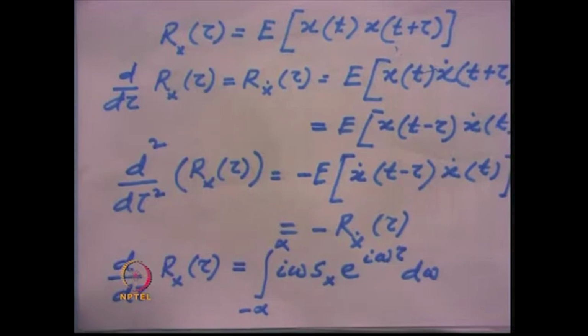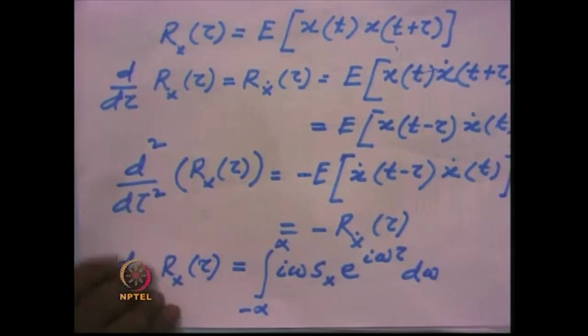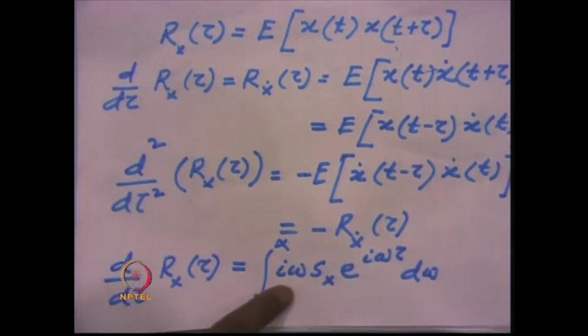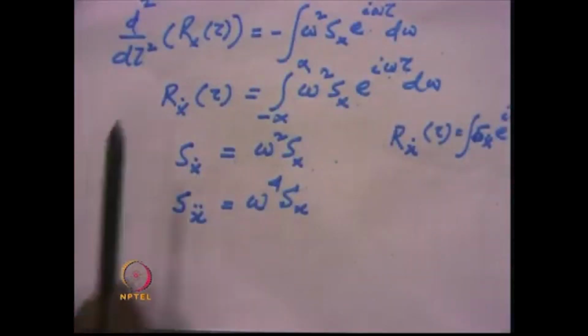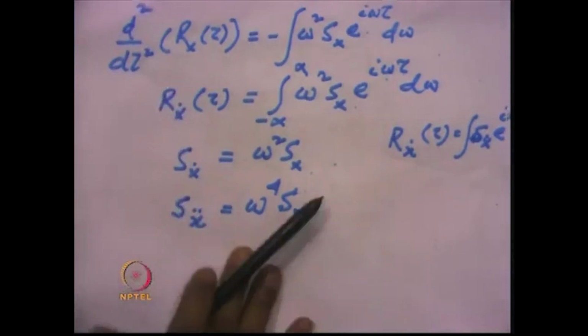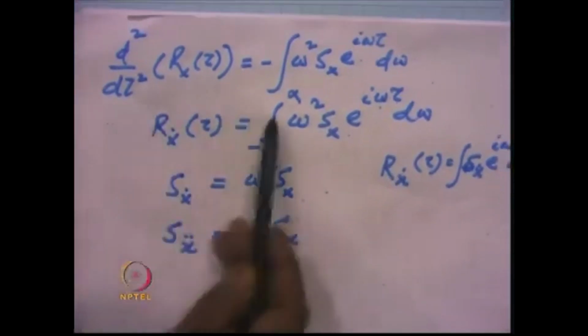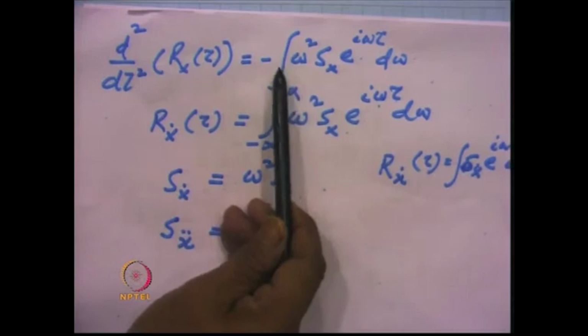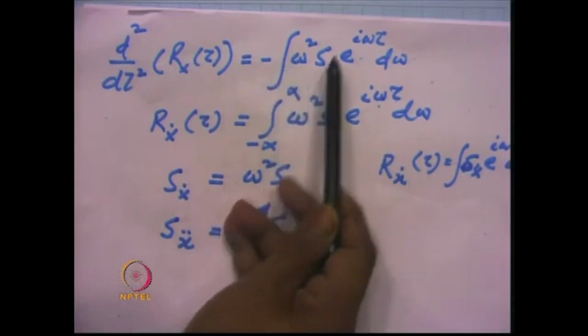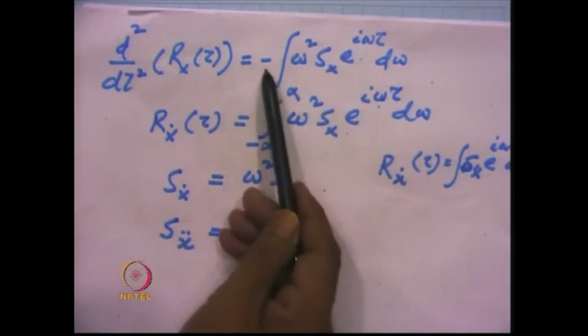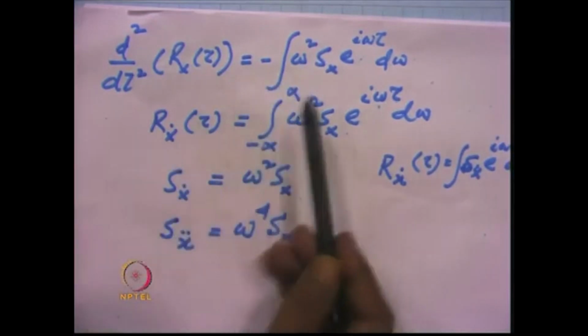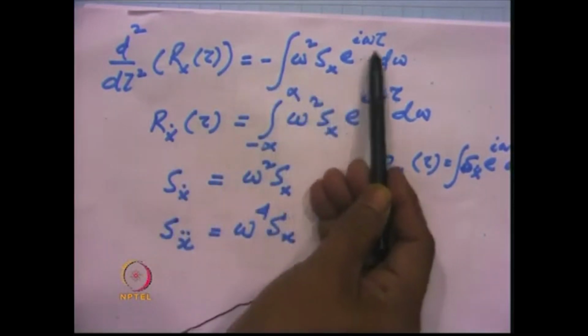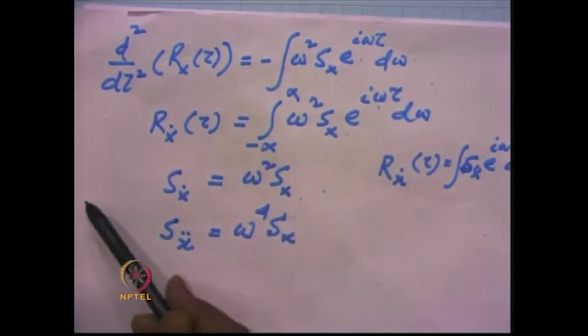So, the first differentiation of r x tau gives me an expression like this. Similarly, if I differentiate it once more, then it becomes minus omega square, because i square omega square will be equal to minus omega square, S x e to the power i omega tau d omega.